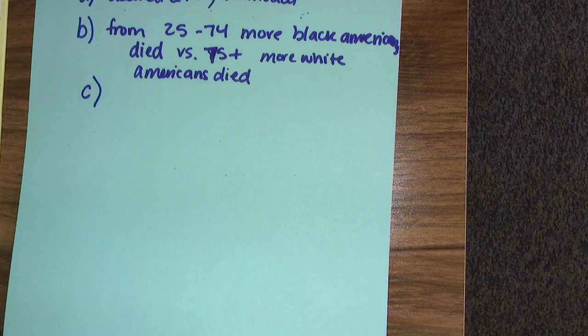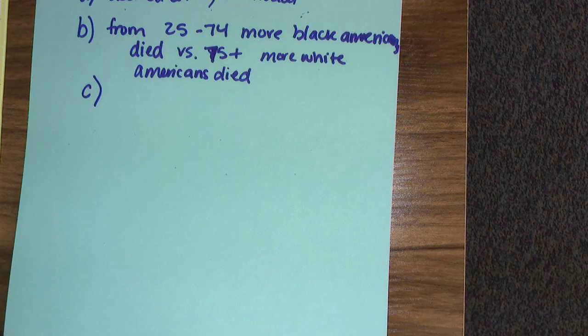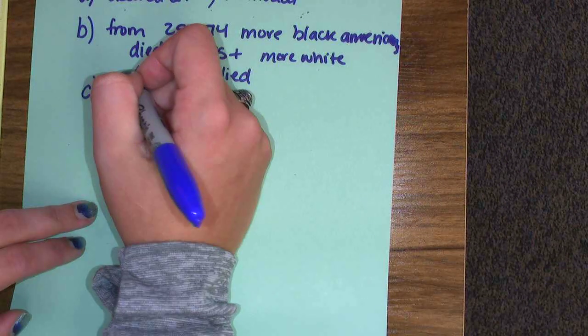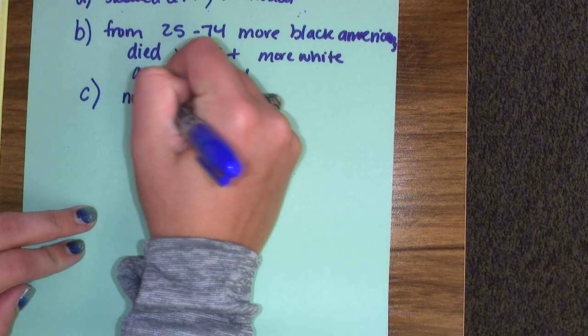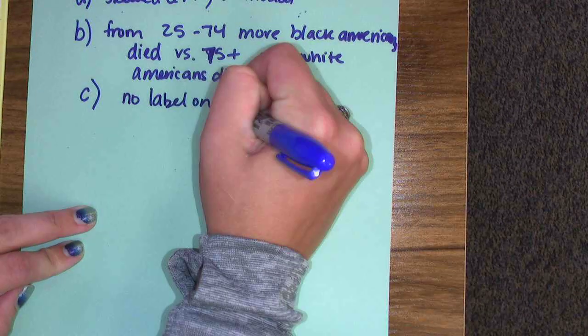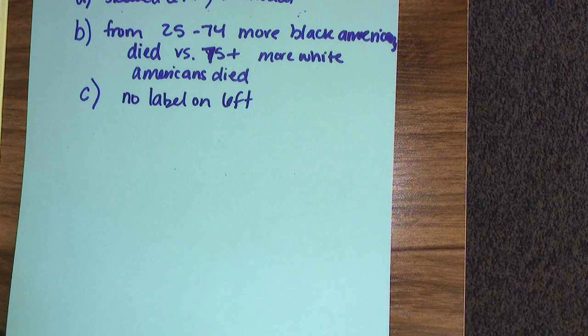Comparatively, that doesn't necessarily matter, but there is something that has to deal with numbers that is wrong. Yeah, there's no label on the left side, so we don't have a clue what the left side is talking about. It's just got numbers that basically have no meaning because they're not labeled with units.